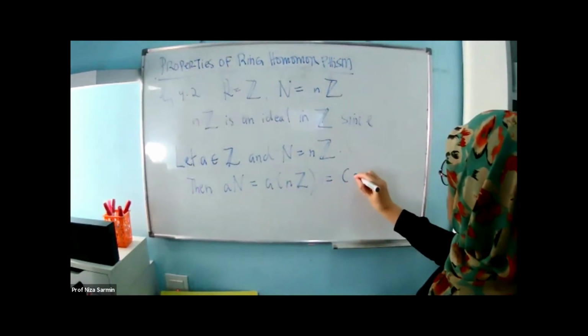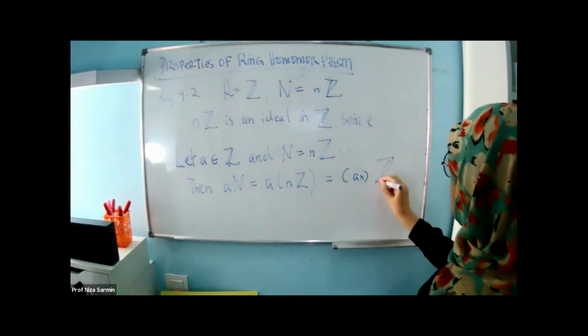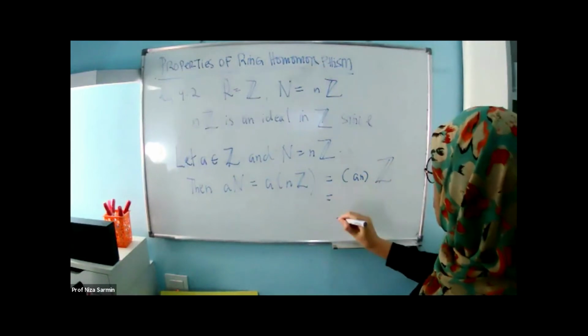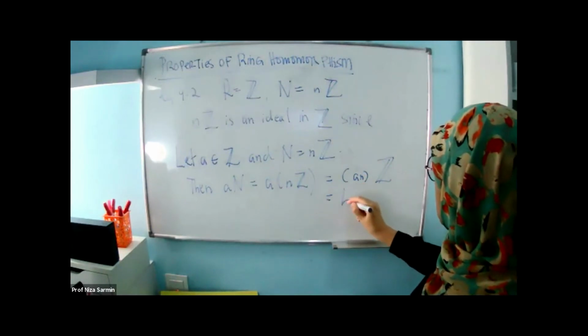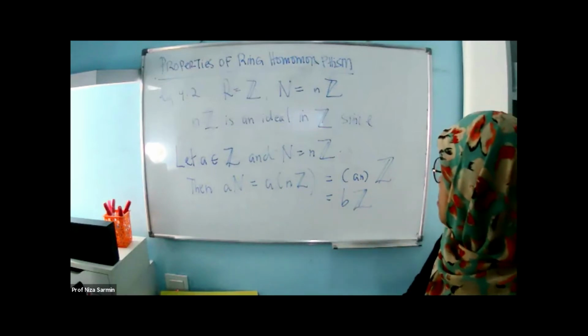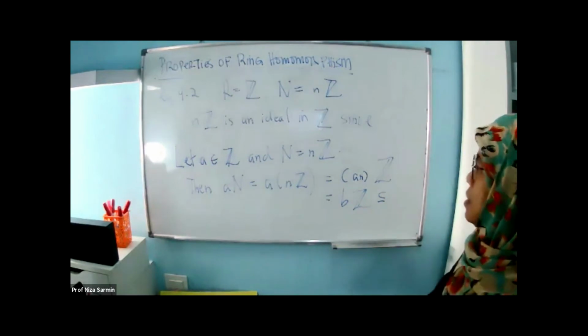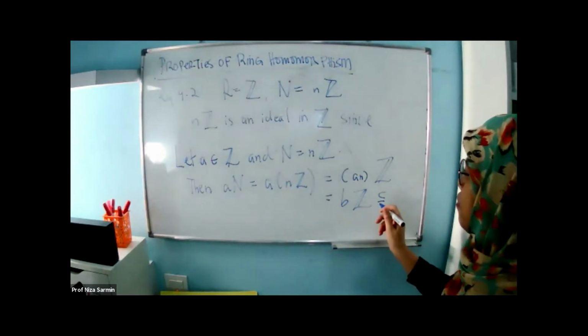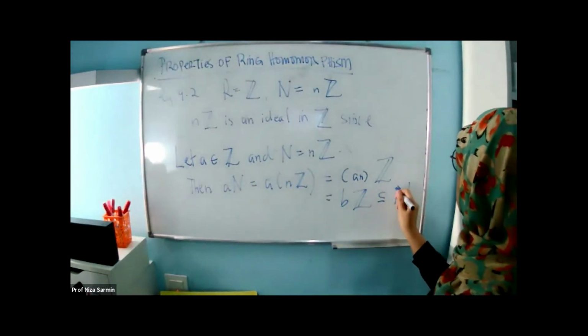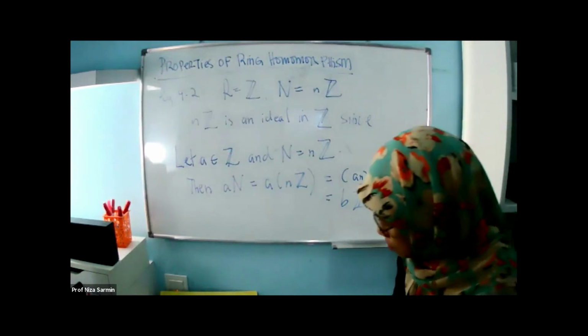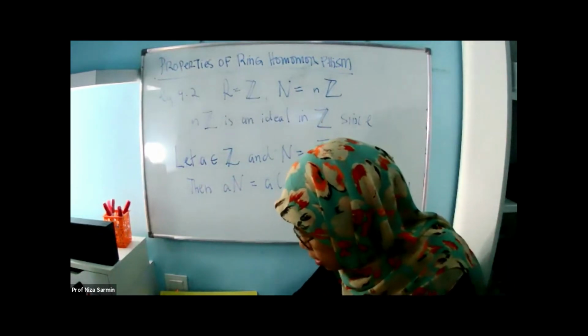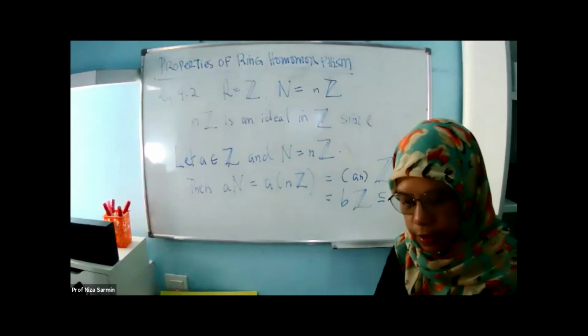So this is equal to anz, which you can call whatever you want, which is again a subset of N.